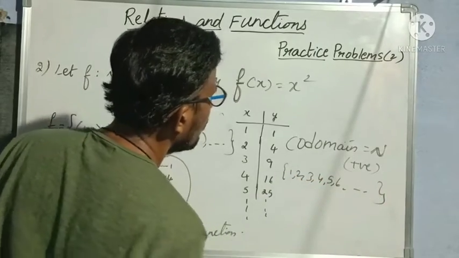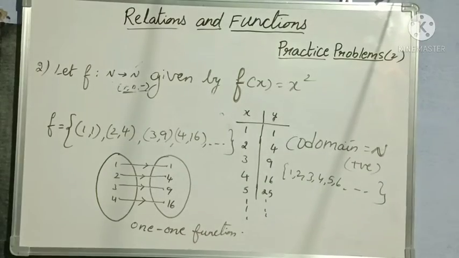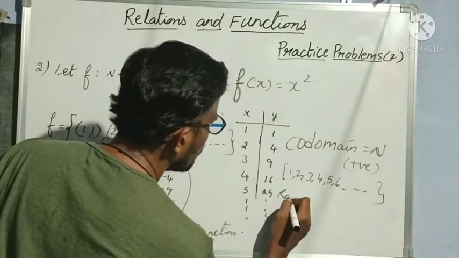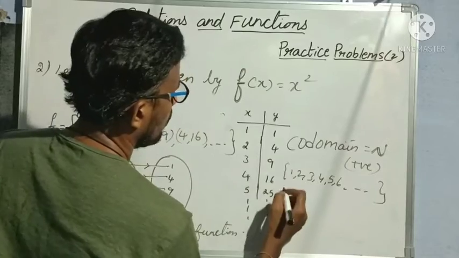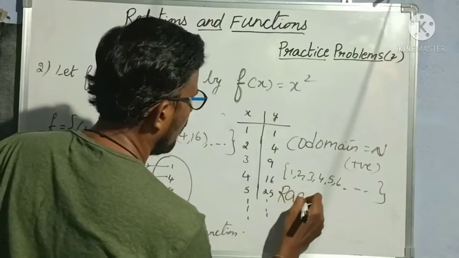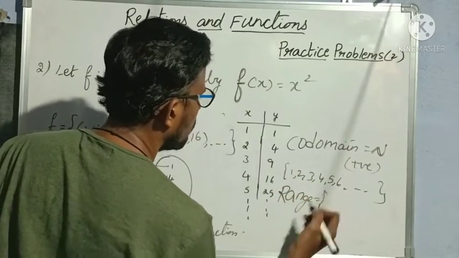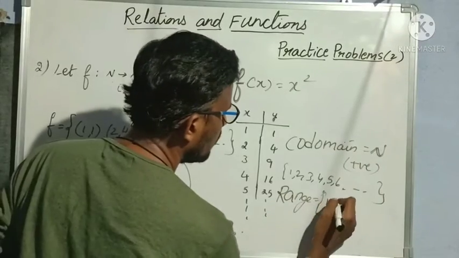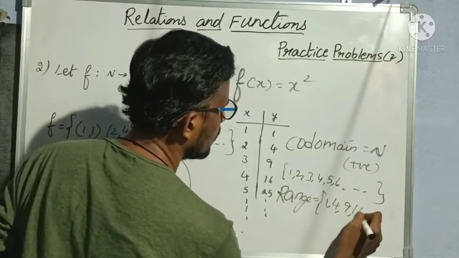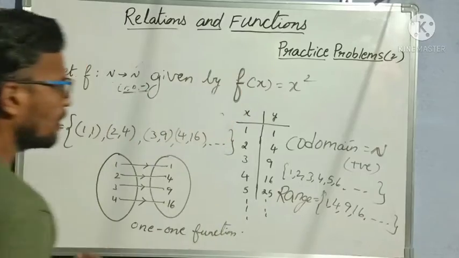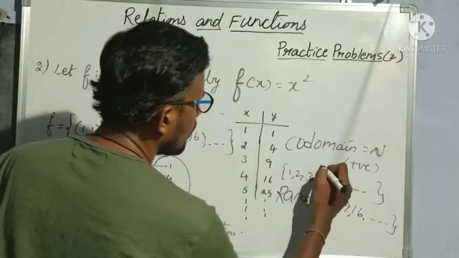These are all in our set of codomain. Next, range. Our range contains what type of numbers? Only square numbers, right? 1, 4, 9, 16 and so on. This is the set of range. So this is our codomain and this is range.